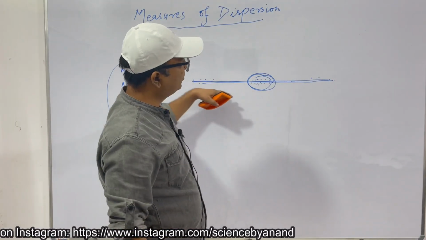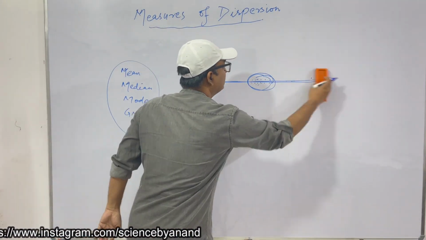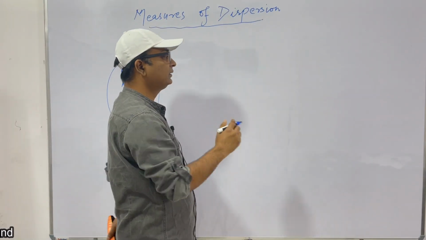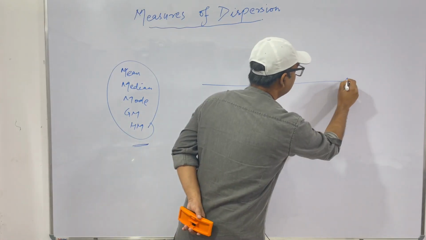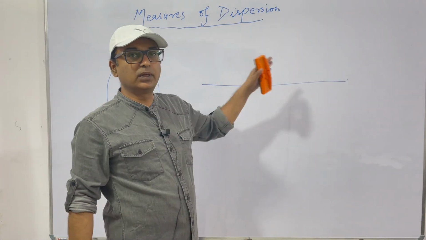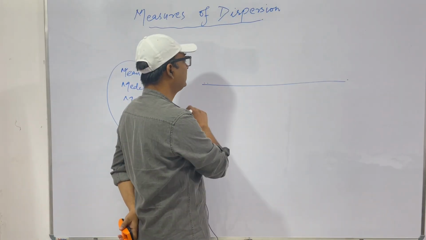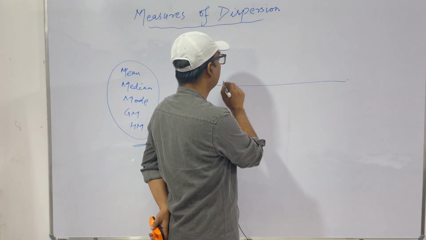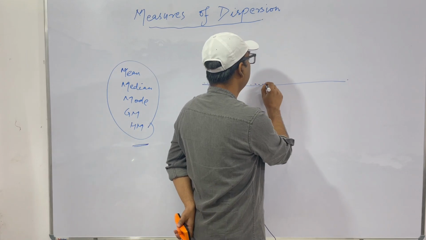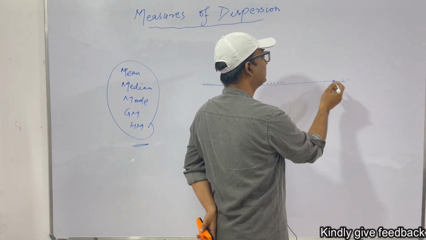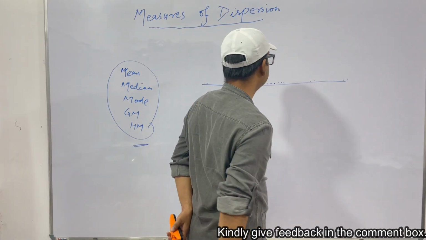Let's assume this is a bench, a boundary wall over which people are sitting. There may be 1 or 2 people sitting here, then 3, 4, 5 people sitting here, many people sitting in the middle, and someone sitting here, someone sitting here.